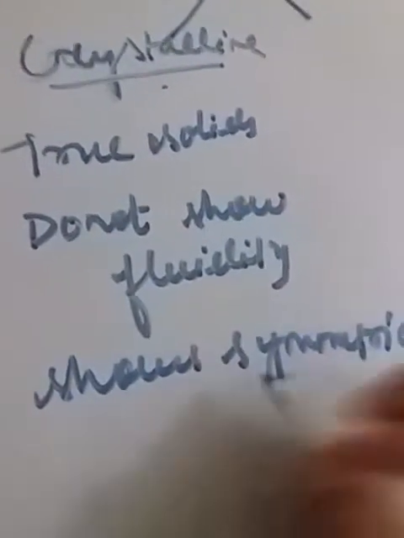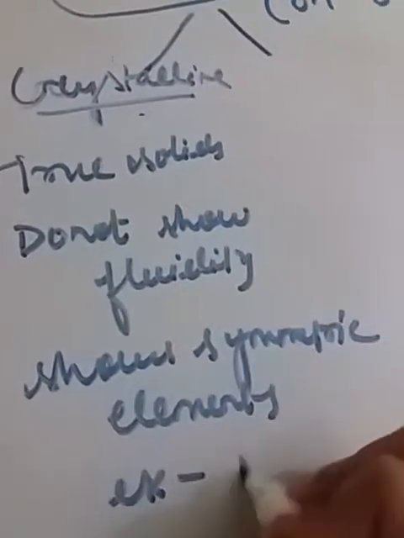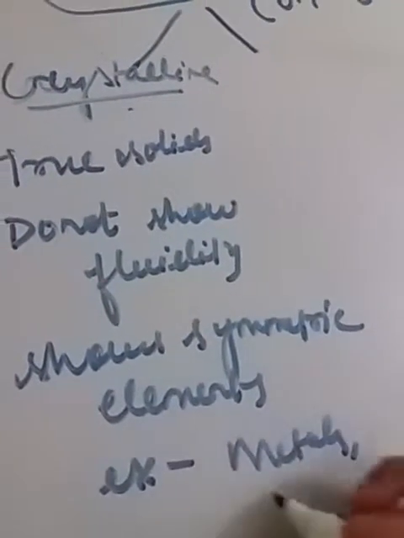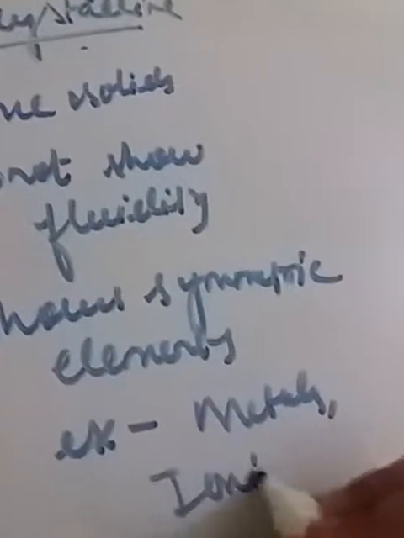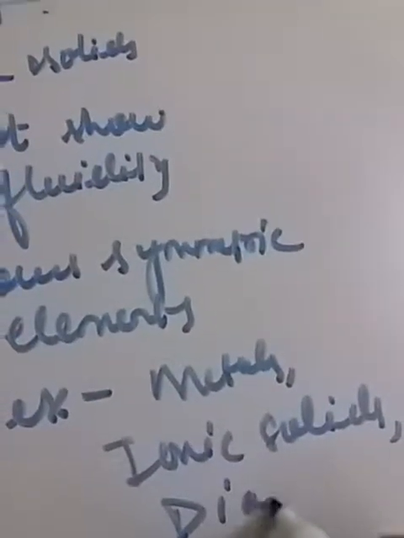Crystalline normally shows symmetric elements, and examples are metals, ionic solids, diamond, graphite, ice. See, diamond and graphite, being derived from carbon, are crystalline, but fullerene is amorphous.